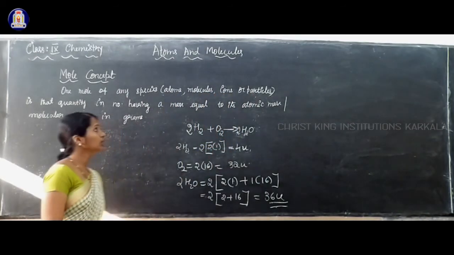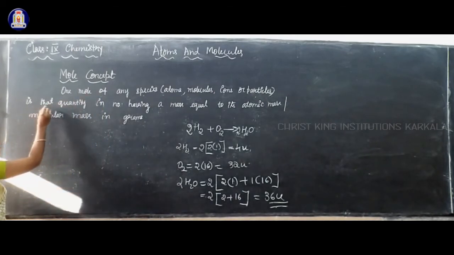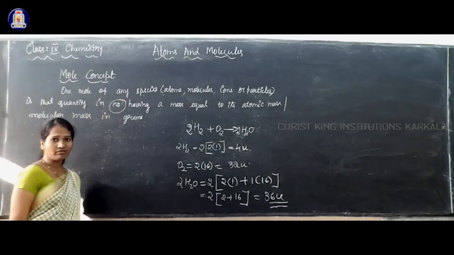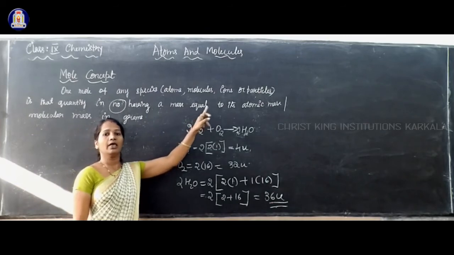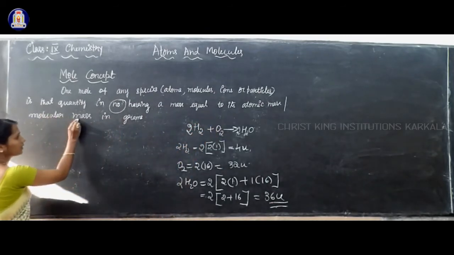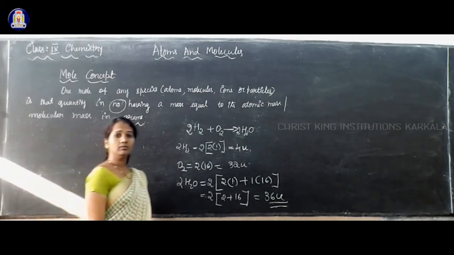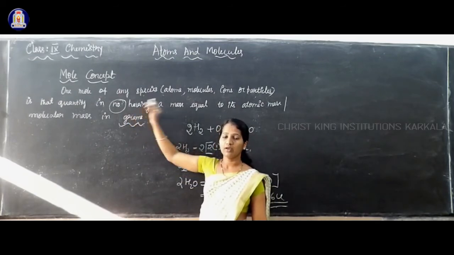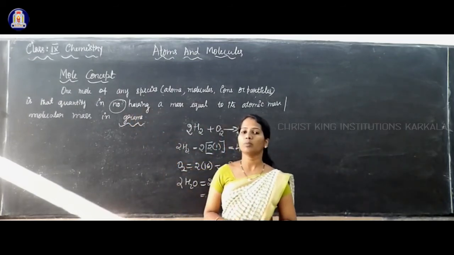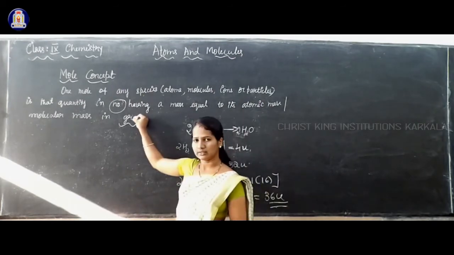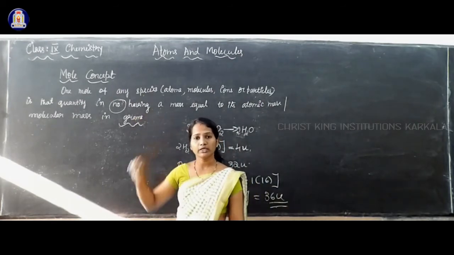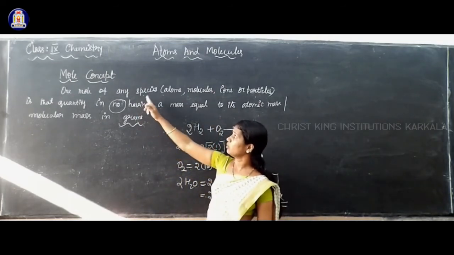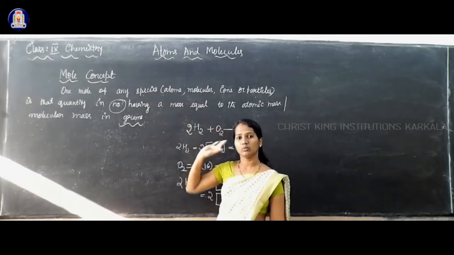So 1 mole of any species is that quantity in number having a mass equal to the atomic mass or the molecular mass in grams. If you express the molecular mass or atomic mass in grams, it is called 1 mole of that species.